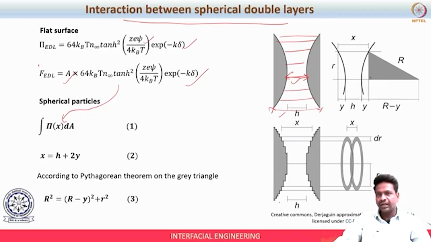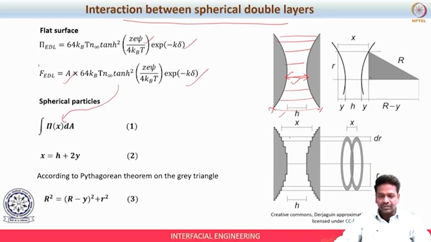So there are an infinite number of such plates. When you cut this curved surface into an infinite number of flat plates or flat discs, and then calculate for each individual flat plate, which is infinitesimally small, you can use this equation, because this is considered to be a flat surface now.